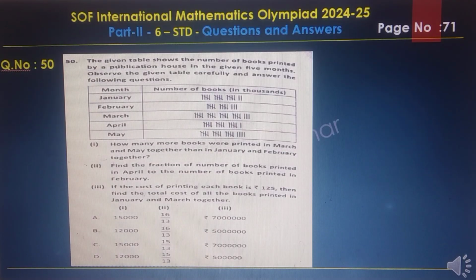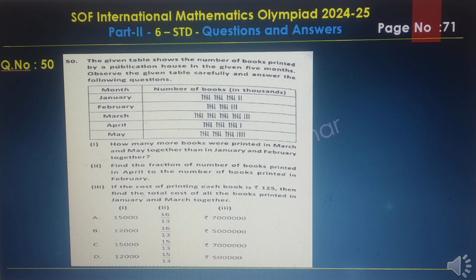Question number 50. That is the final question. The given table shows the number of books printed by a publications house in the given 5 months. Observe the given table carefully and answer the following. Here are the month and number of books in thousands: January, February, March, April and May.